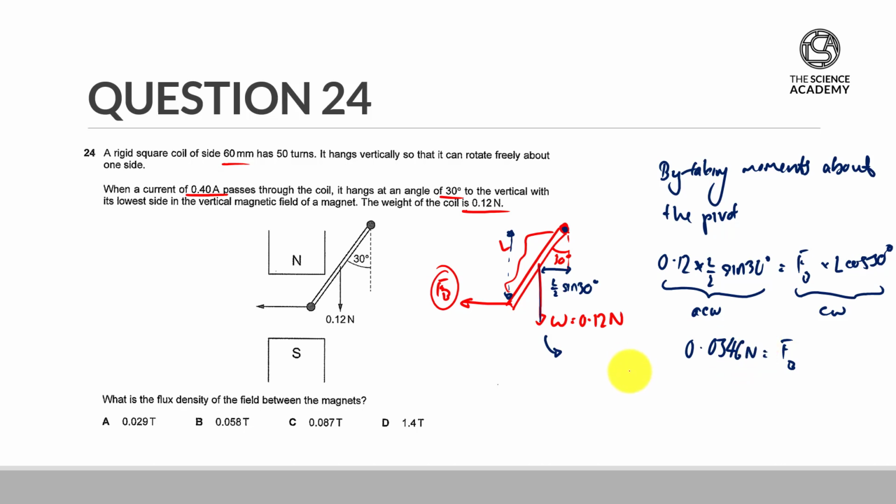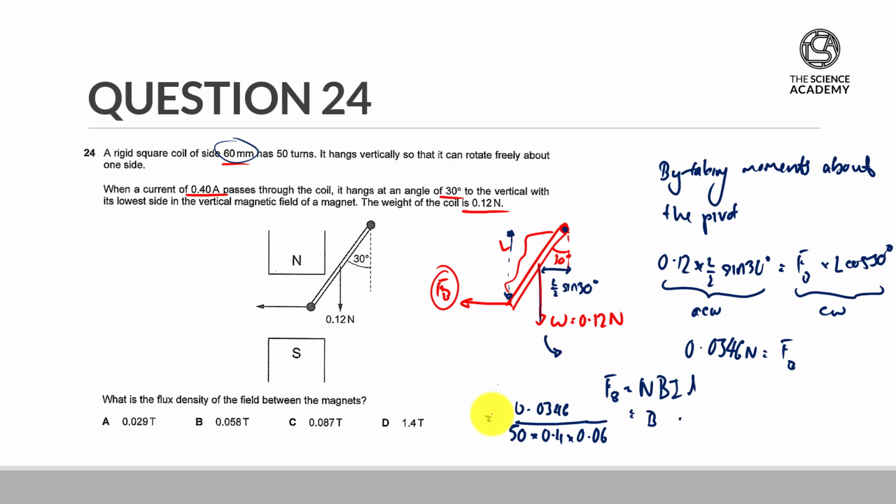Now from here, if we use the formula FB equals NBIL, and we go ahead and solve for B, we can sub in the values of FB, which is 0.0346, divided by N, which is 50 turns, multiplied by I, which is 0.4 amperes, multiplied by the length that is exposed to the magnetic field, and since it's a square, it's also going to be 60 millimeters, so it's 0.06 meters.